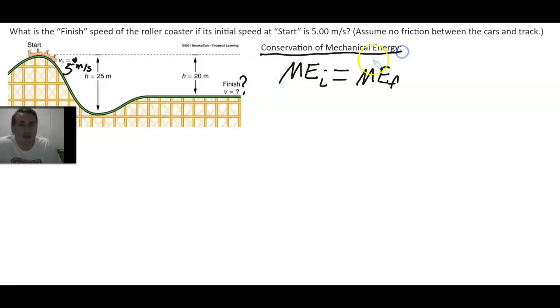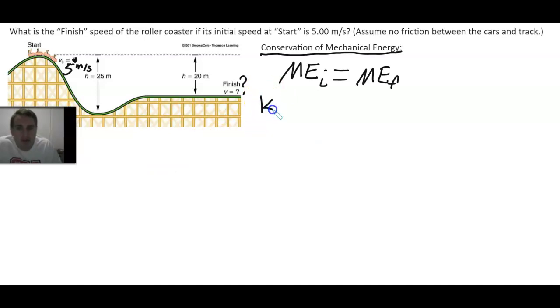All right, so the mechanical energy is going to be the sum of the kinetic energy plus the potential energy. Now the potential energy in this case is gravitational potential energy. So let us just write this in its more expanded form.